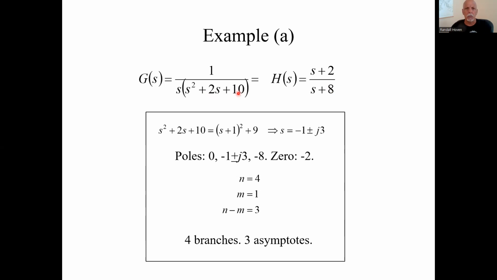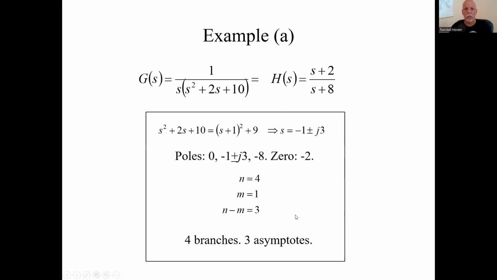But anyway, between the product, we have a pole at 0, pole at -8, and then this complex pair of poles, -1 plus or minus J3. That is 4 poles. And there's only one 0, and it is at -2. So N is 4, M is 1, and N minus M is 3.